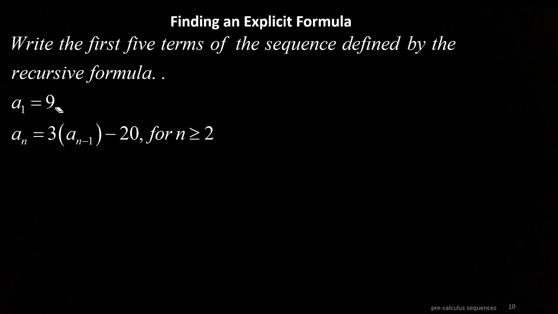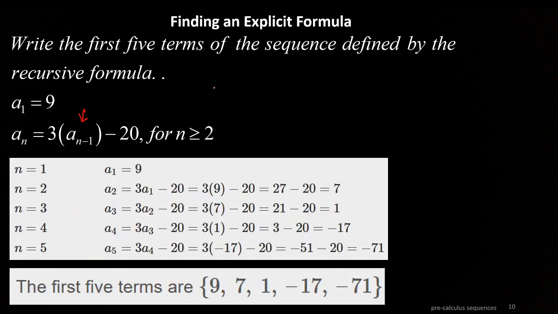So we are given A1, and then A sub n is basically do something with the previous one to get the next one. What do we do to the previous one? Multiply it by 3 and subtract 20. So we can easily get A sub 2 using this formula. Multiply that by 3 and subtract 20. So we get 7, right? And so forth. So that's called the recursive formula, and you can easily find these numbers, right?